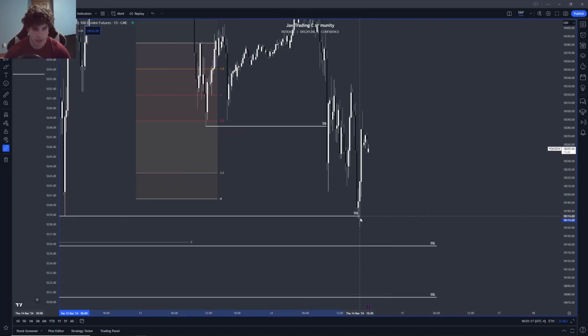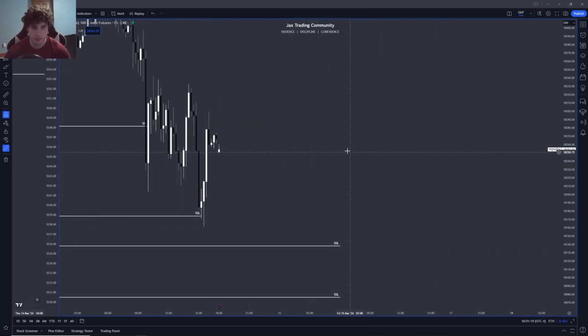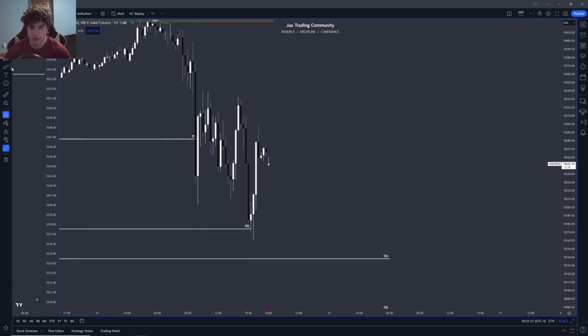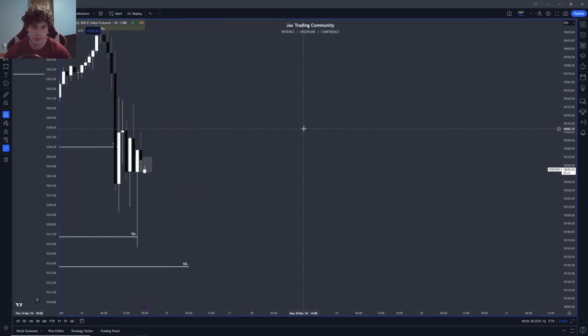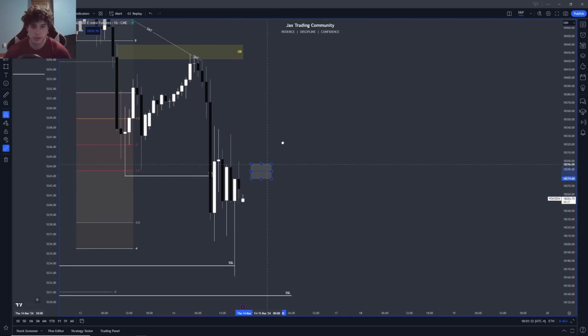So we've swept this, we rejected higher. We may just be trying to rebalance into this fair value gap possibly, and we may see lower. But let me look at the 1 hour. Another thing we could possibly do is go up to here. So I'm going to mark this out.